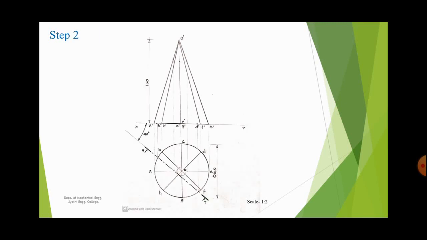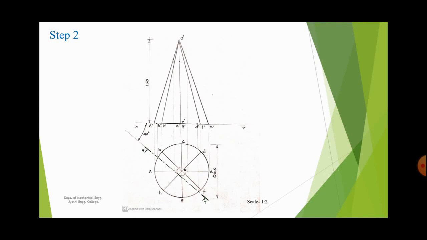Now the cutting plane is inclined to VP and perpendicular to HP at a distance of 15 mm in front of the axis. The condition is that the distance from the axis to the cutting plane should be 15 mm when you measure it perpendicular to the cutting plane. Also it should be inclined at an angle of 40 degree to the XY line.